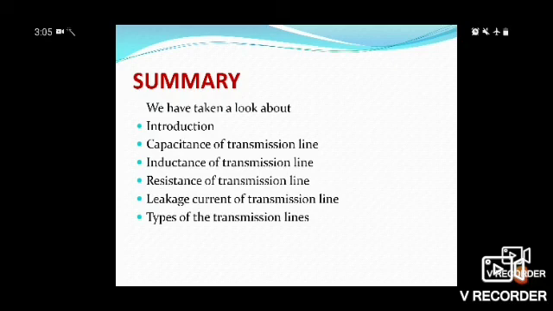So we have had a look at the introduction to the transmission line, capacitance, inductance, resistance, leakage current of the transmission line, and the last one, types of transmission line.